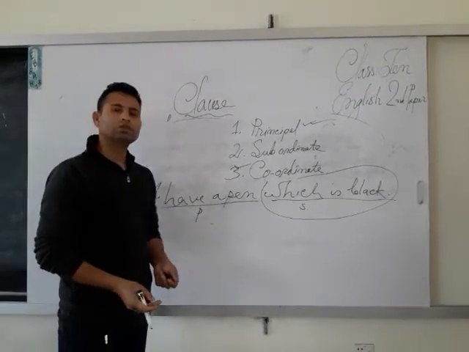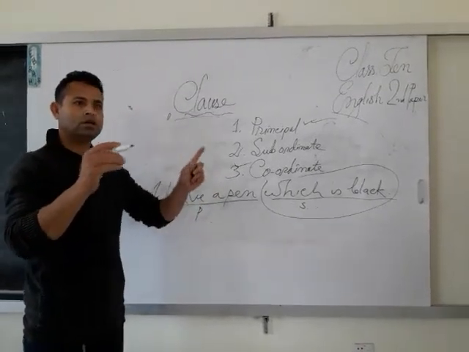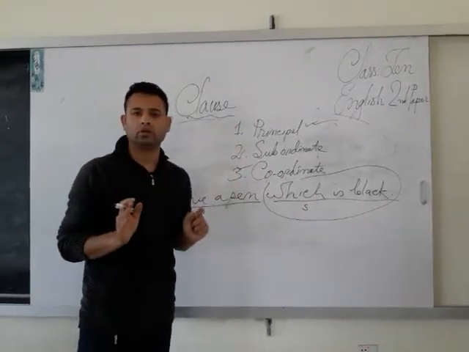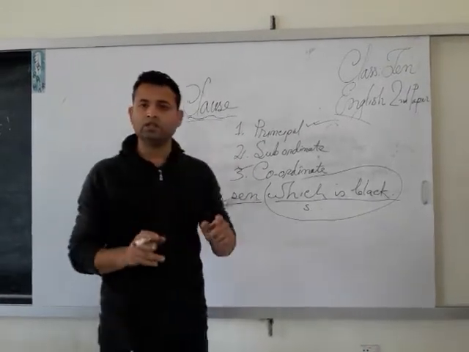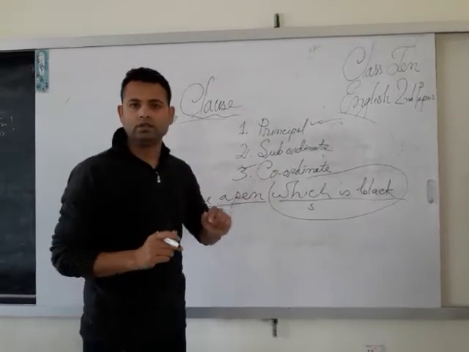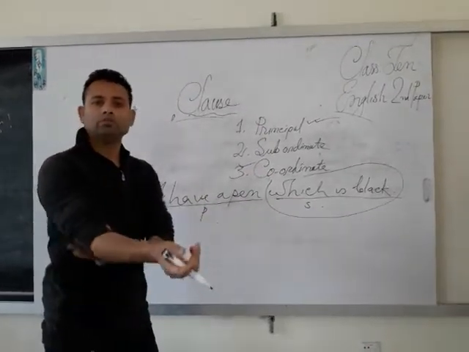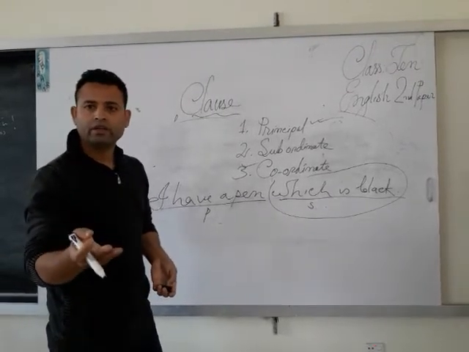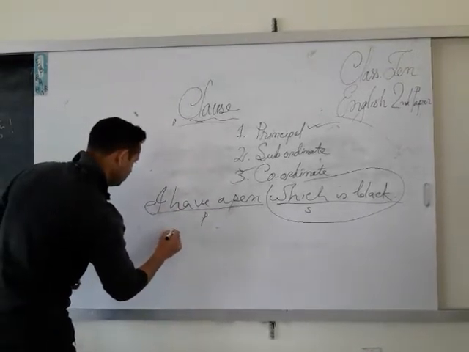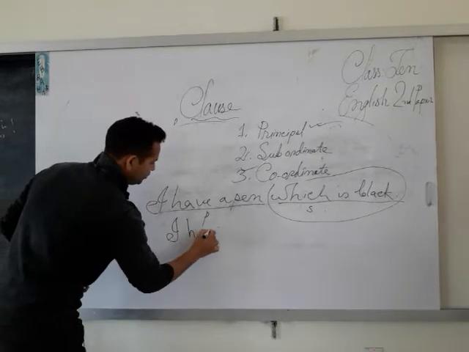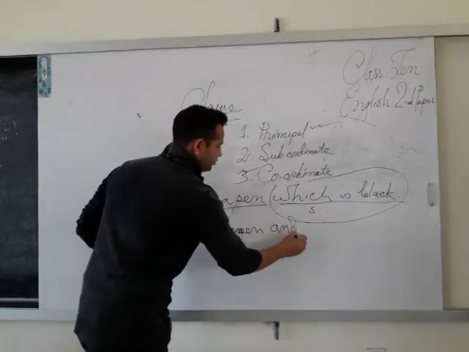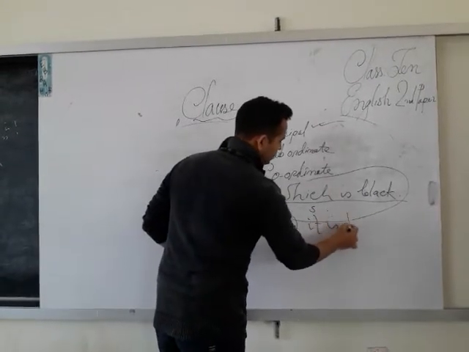Finally, the coordinate clause. Coordinate clause is a combination of two independent clauses. Coordinate clause is the combination of two different principal clauses with the help of some coordinating conjunction like and or but. If I write this, "I have a pen and it is black."